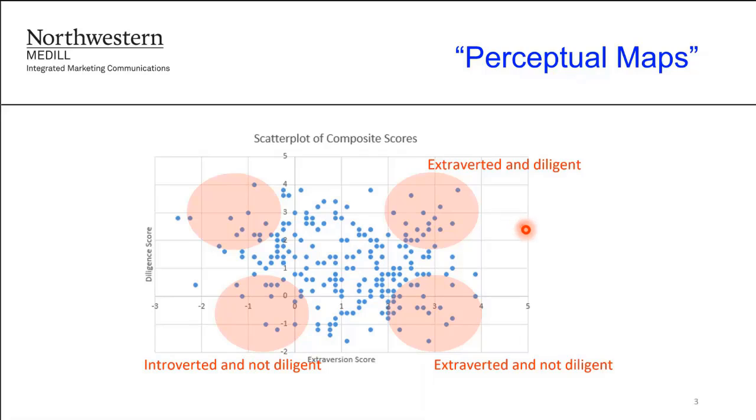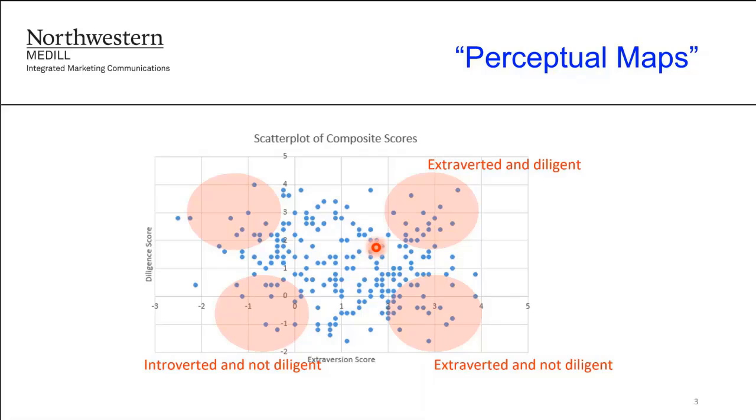For example, the observations right up here are extroverted and diligent, because their factor scores are high on both extraversion and diligence. How about these observations?